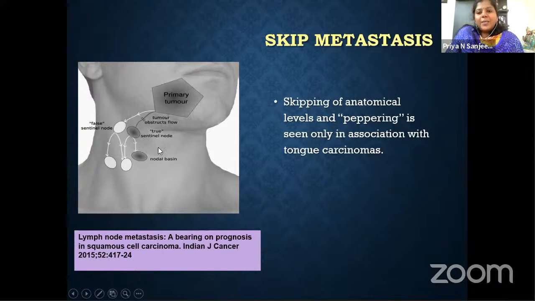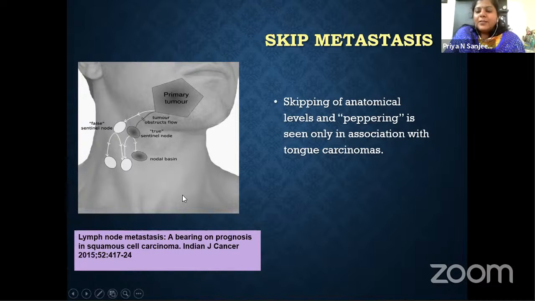This is known as skip metastasis. There is also something called peppering metastasis, where grossly or on clinical examination, we may not make out that there is lymph node involvement. Skipping and peppering are usually seen in tongue carcinomas. So for tongue carcinomas, the treatment aspect usually differs because of issues like skip metastasis and false sentinel node involvement.